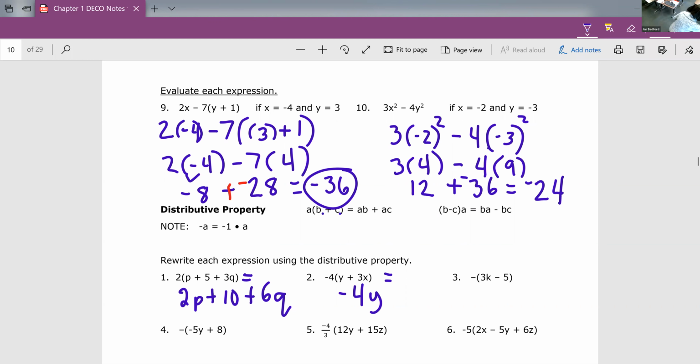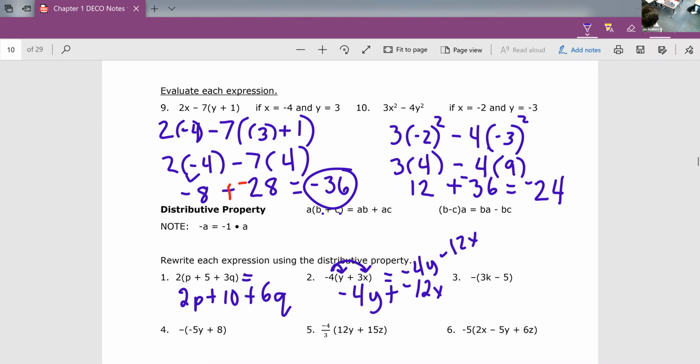We got to multiply the negative 4 times the y, which is where that comes from. But remember, it's also got to multiply times the 3x. Now, it's okay with me if you put a plus sign and then you say negative 4 times 3x is negative 12x. If you wanted to just write it as negative 4y minus 12x, that's okay too.